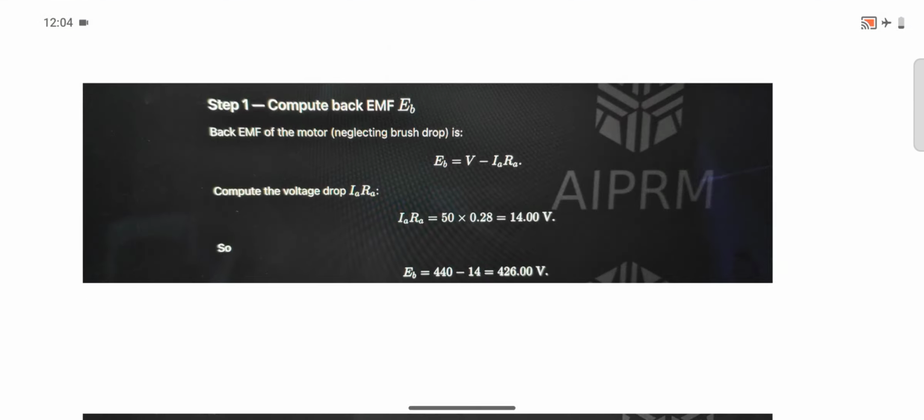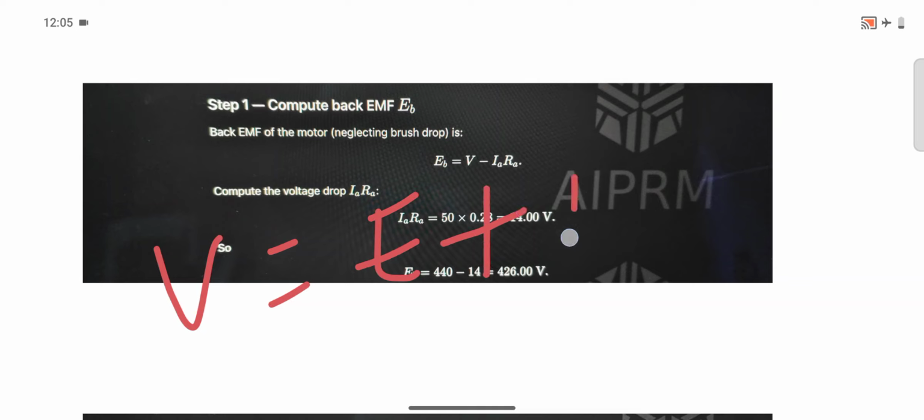So how can we calculate the back EMF? For this, we know that terminal voltage is equal to back EMF plus the potential drop in the armature resistance.